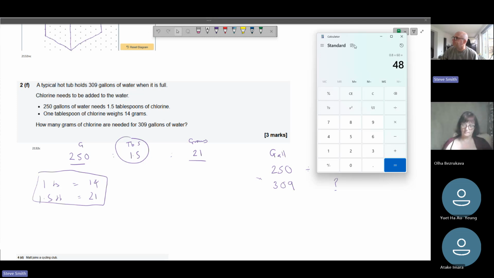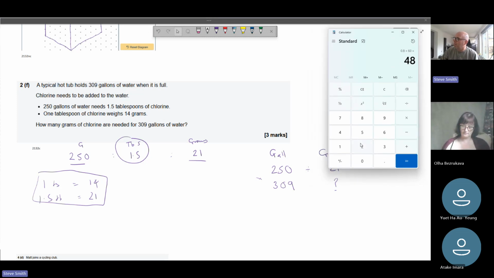There it is. I think it was 21 divided by 250. If you think about it in mathematical terms, that's saying literally how many grams per gallon we need. Times by 309.